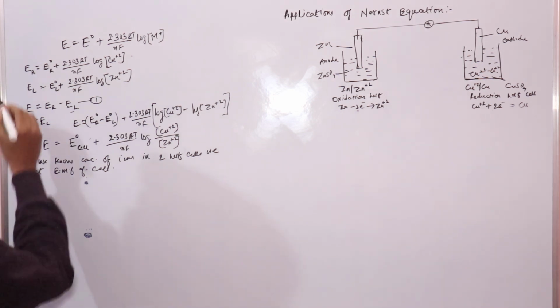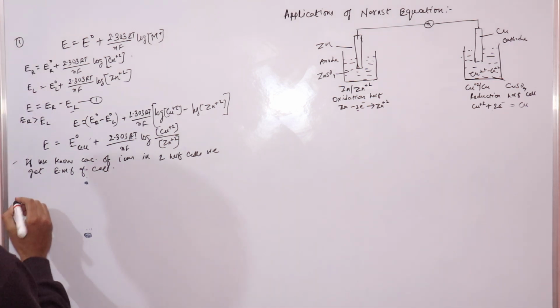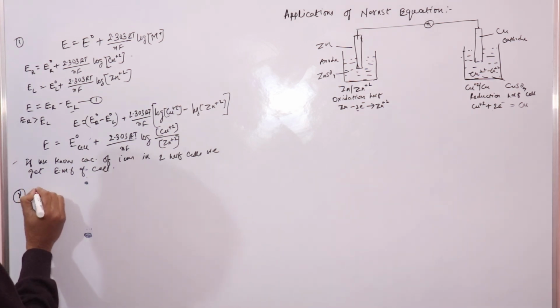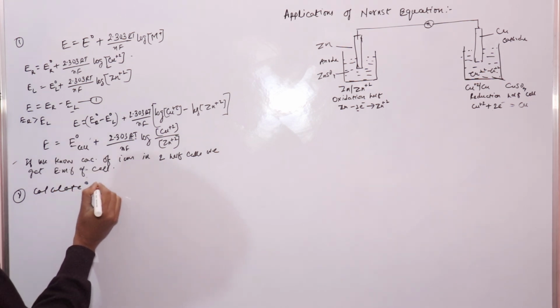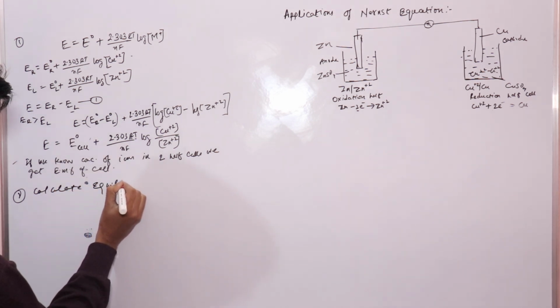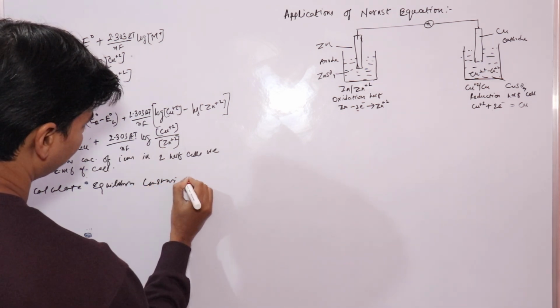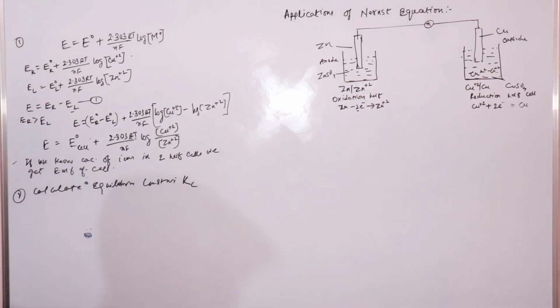Now this was the first application of the Nernst equation, where we can calculate the EMF of the cell. The second is to calculate the equilibrium constant. Using the Nernst equation, we can calculate the equilibrium constant of the reaction, K, or we say Kc.